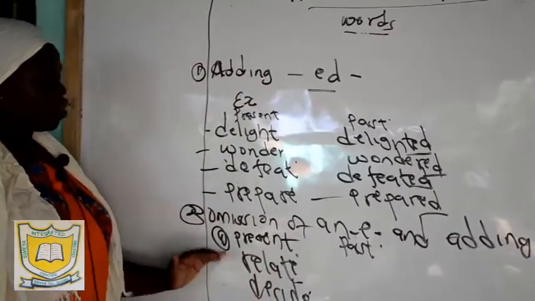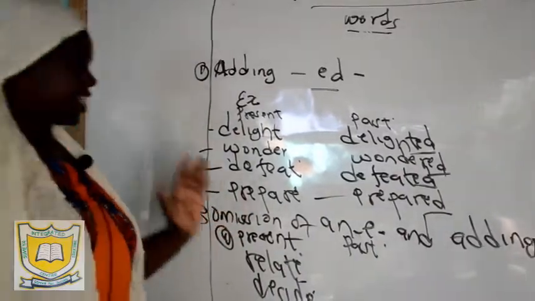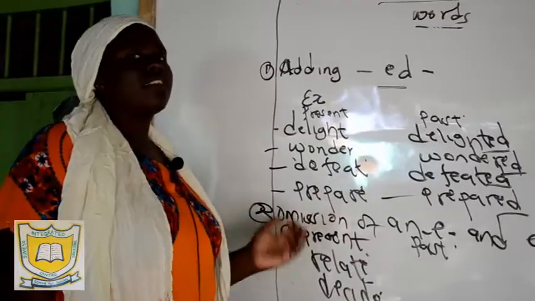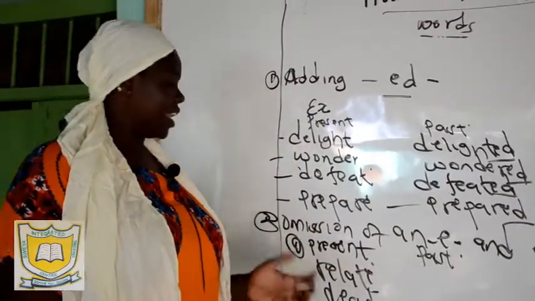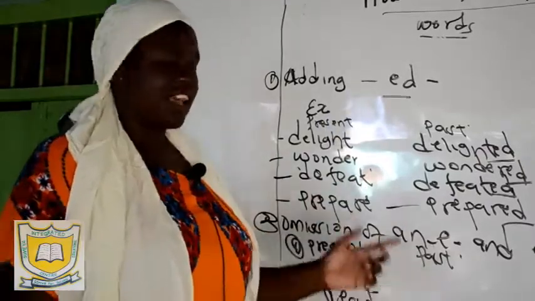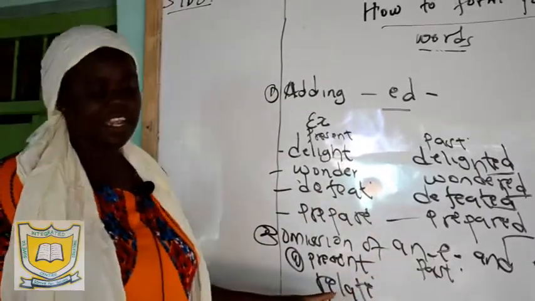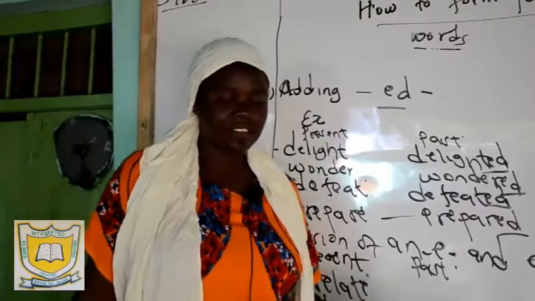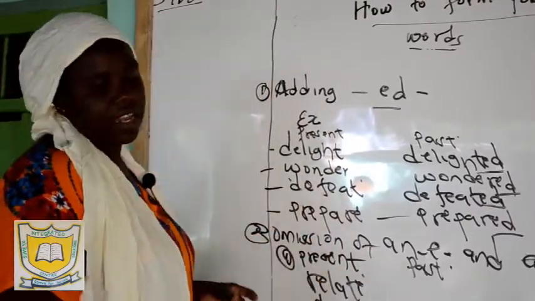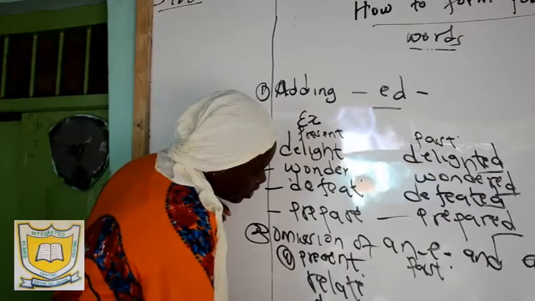That is, if you don't omit the e, you simply add a d. But if you omit the e, you add an ed. I hope I'm clear. That means if you have a word that ends with an e, like for example relate, you can have decide, you can have whistle.